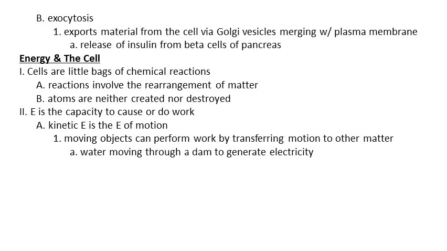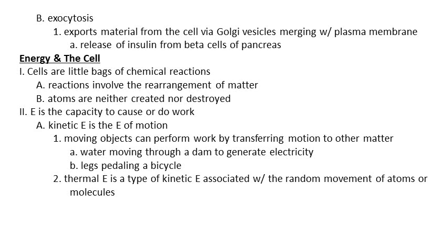So think about water moving through a dam. Work can be done as water moves through a dam. Electricity can be generated. Turbines can turn and generate electricity. Think about legs pedaling a bicycle, for instance. Moving objects can perform work by transferring motion to other matter. So if we get things moving, we can get work done.